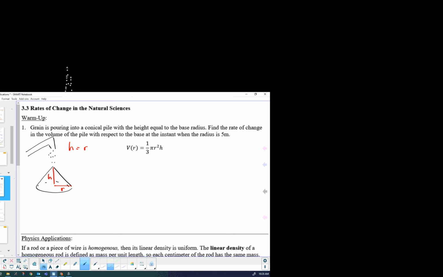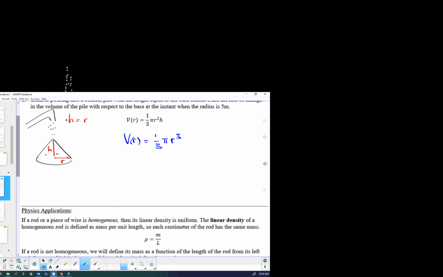So if I know that height is equal to the base radius, I can rewrite my volume equation as a function of radius as 1/3 pi r cubed, because my h is equal to r. Then I can do the derivative with respect to r. So because I have v as a function of r, I'm not going to use the dv dr version, but that's what I'm doing.